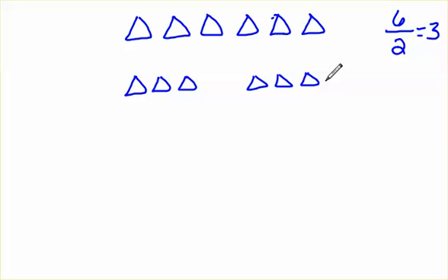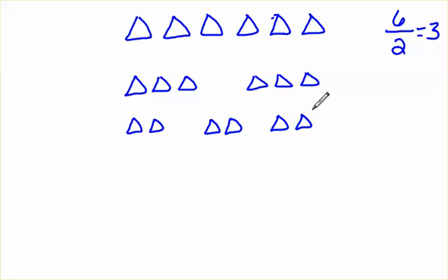Okay. You could also look at it the other way. You could say 6 divided by 3 is 2. So if we were to separate them into groups of 2, then we would have 1, 2 here, and 1, 2 here, and 1, 2 here.